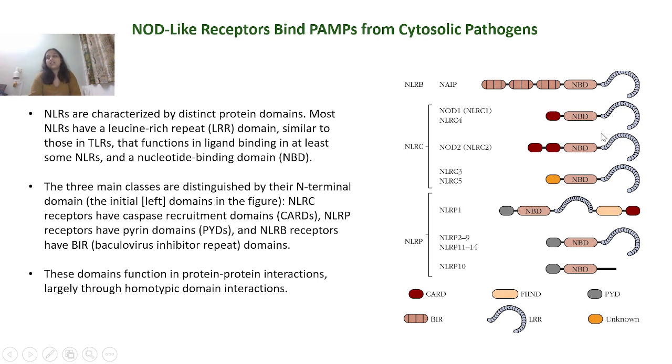So all these have different kinds of domains, but the function is the same. There also it is through homotypic domain interaction, like in the case of TLR or CLR, where there is formation of homodimer or heterodimer. These NOD-like receptors also can interact with each other, form homodimers, and activate the downstream signaling.